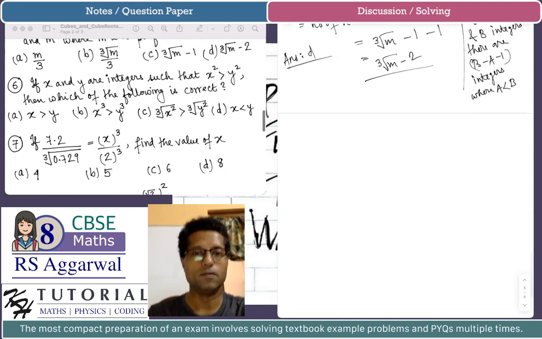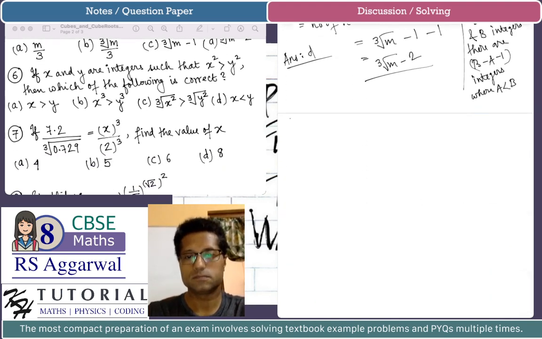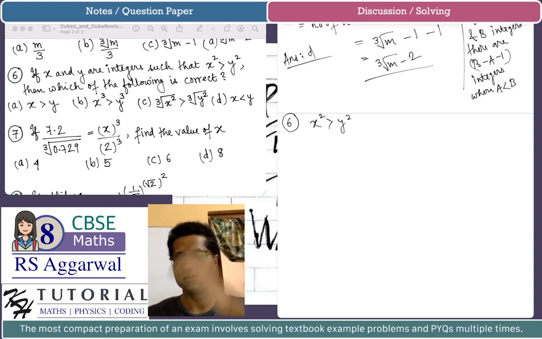Okay, let's do problem number 6. It is given that x and y are integers such that x square is greater than y square. Which of the following is correct? So let's see the choices one by one.